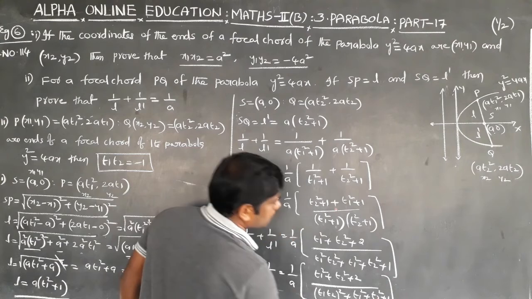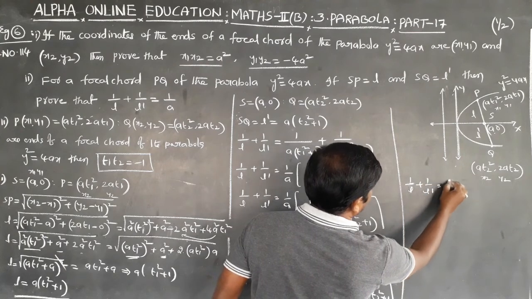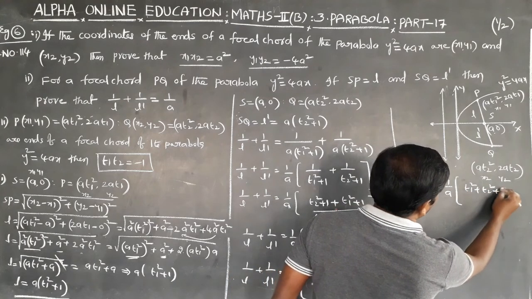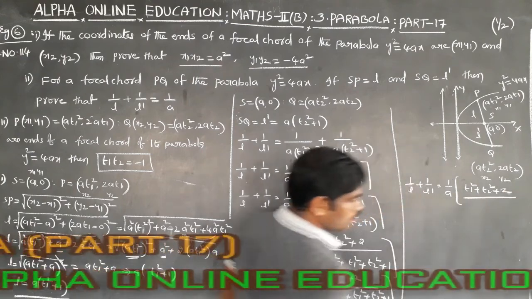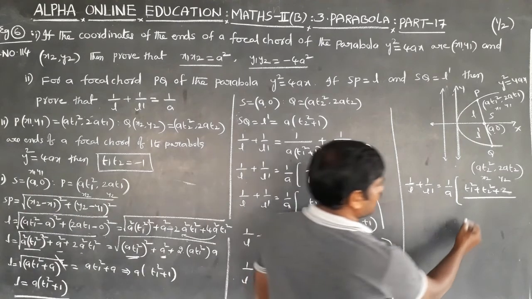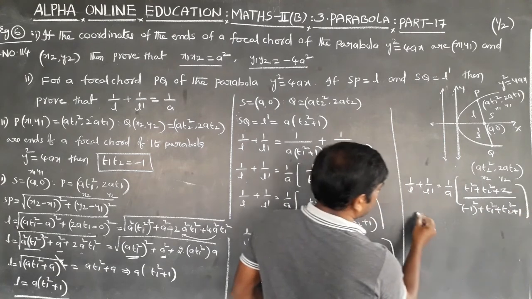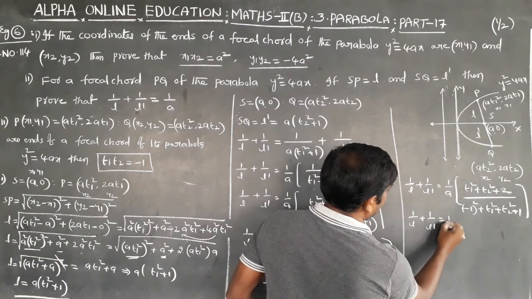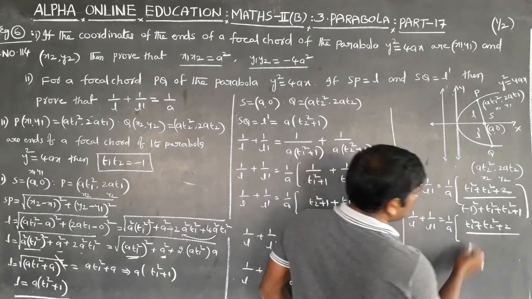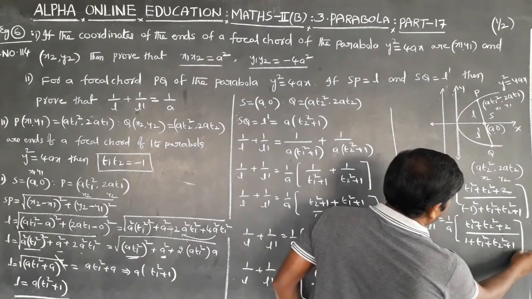Here t1 t2 is equal to, write down, minus 1, so t1 square t2 square is (t1 t2) whole square equals (minus 1) whole square, which is 1. The denominator becomes 1 plus t1 square plus t2 square plus 1.